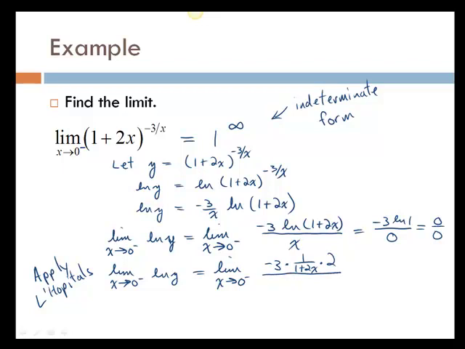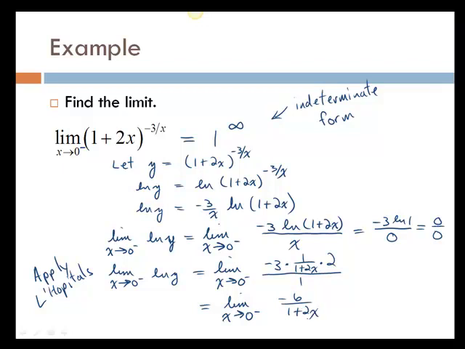I'm sorry, the derivative of x, which is 1. All right, so things are actually looking pretty good now. So this is going to be the limit as x approaches 0 from the left of negative 6 over 1 plus 2x.